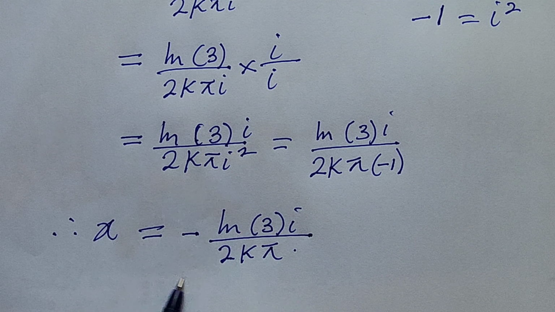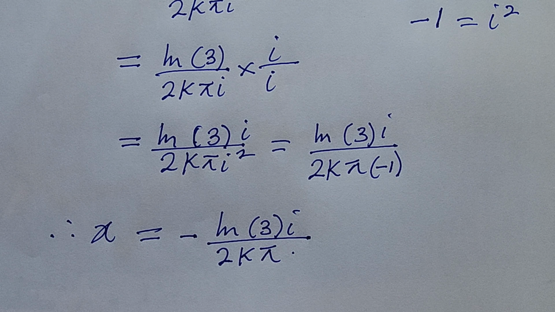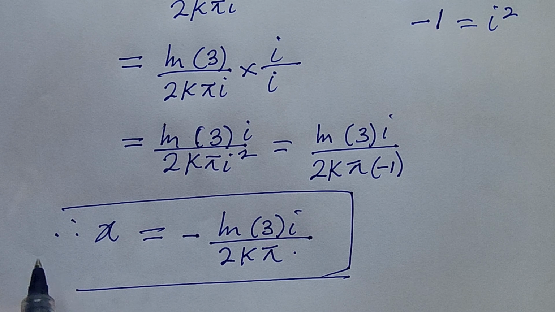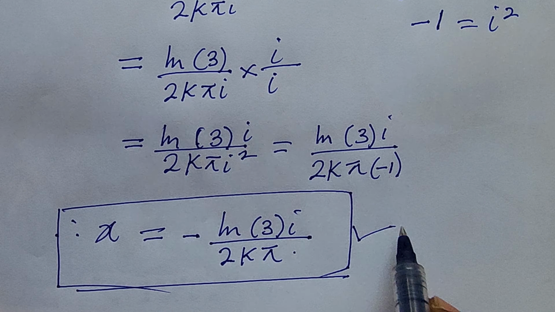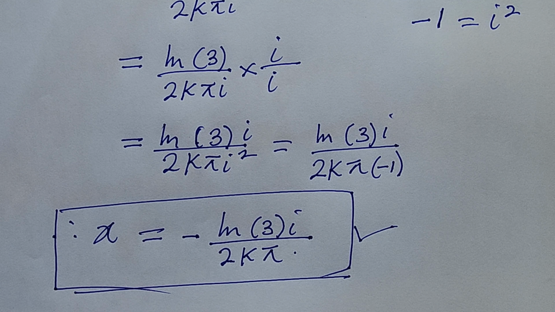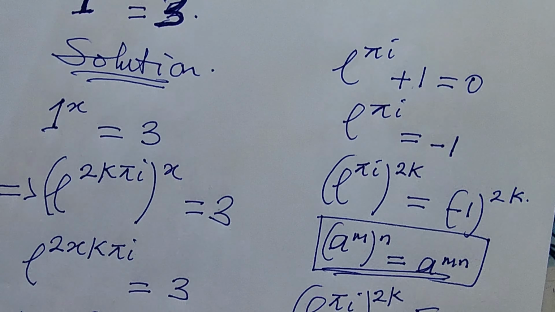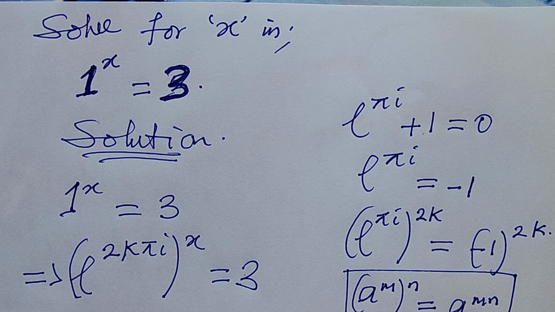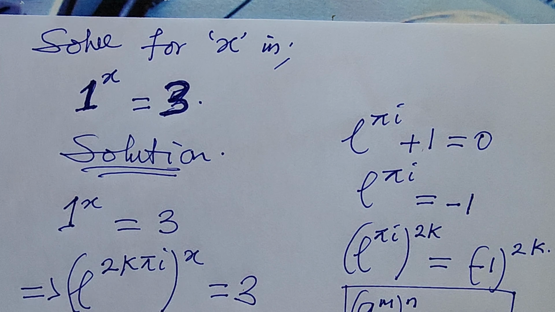So in this solution, we have infinite solutions for the value of x. All right, so this is the final value of x that will actually satisfy this unusual equation, 1 to the power of x equal to 3.